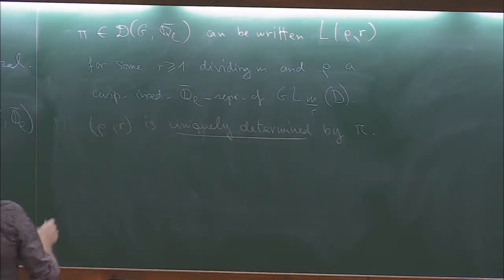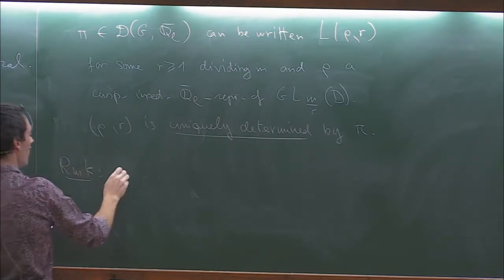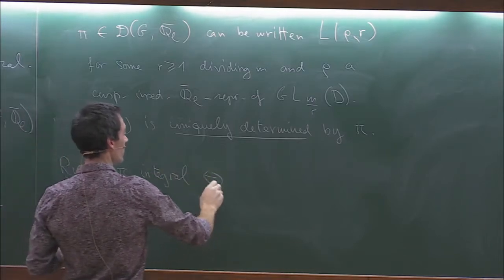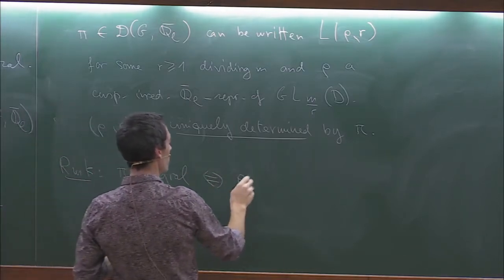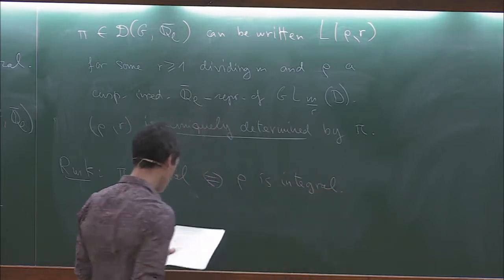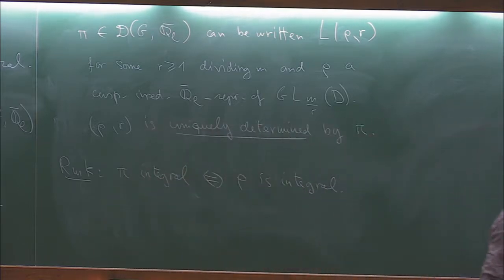First remark: pi is integral if and only if the cuspidal representation rho is integral. So what does it look like when you reduce mod L the representation rho?